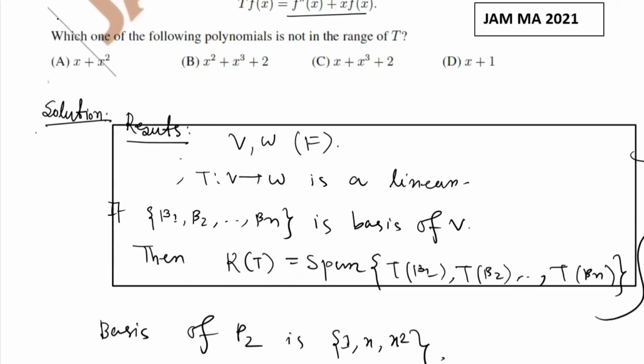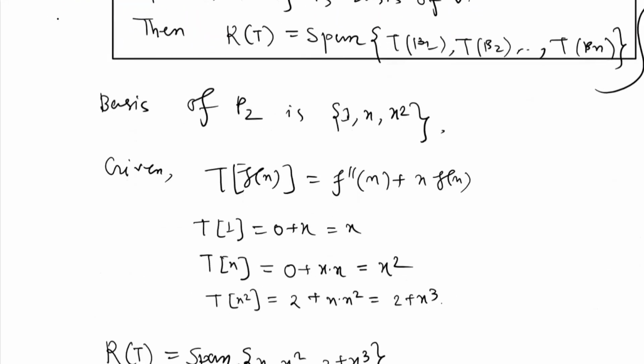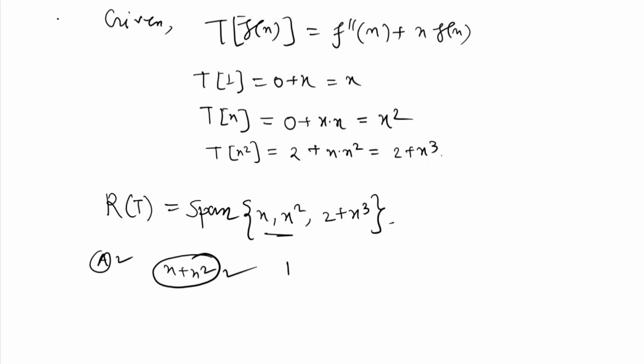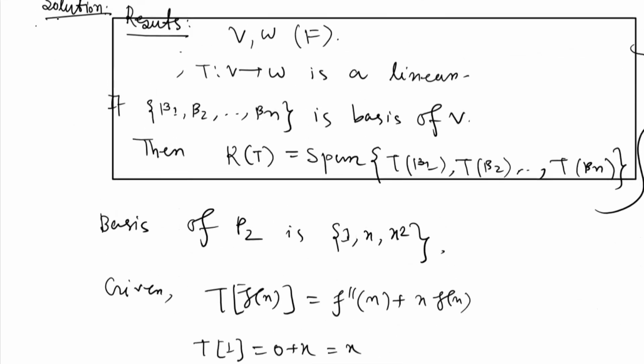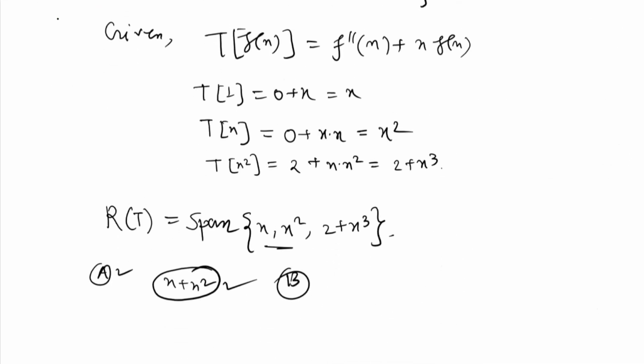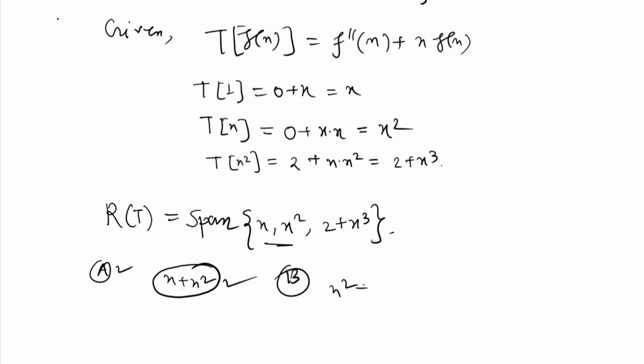Similarly, option B is also a linear combination: x square plus x cube plus 2, from these two elements of the set. This also belongs to the range.